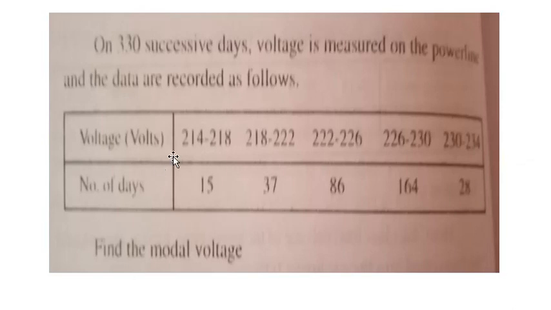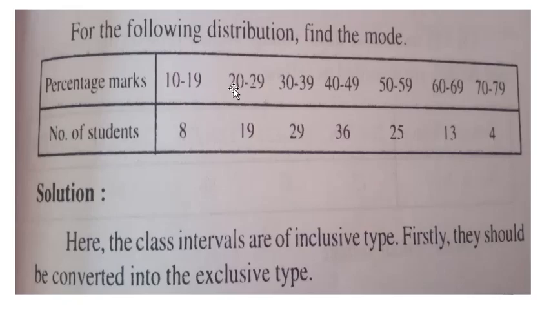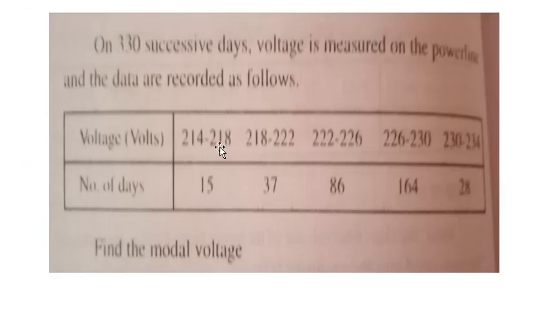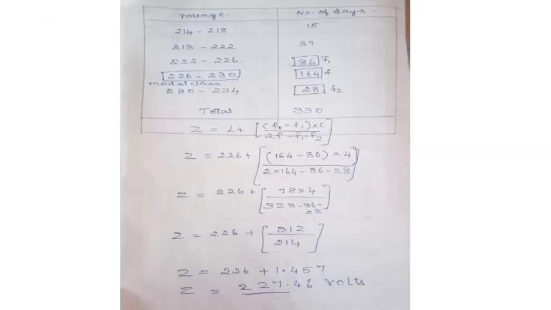So it is in the continuous form, no changes have to be done, because in the previous problem we modified it as there was a difference between the first ending number and the beginning number of the next, but here there is no difference, 218, here also 218. So just draw the columns voltage and number of days, and write the information as given in the problem.